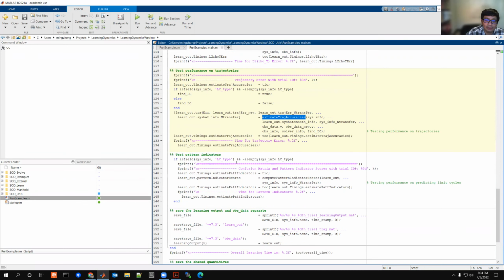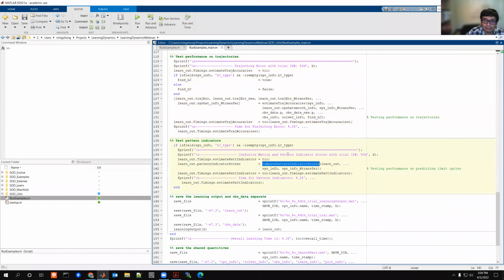For large time behavior, it also computes the so-called pattern indicator. So we have a mathematical way to tell whether the dynamics at large time is in clustering, flocking, milling, or synchronization. We only have the pattern indicator score for these 4 kinds. Anything beyond that, we still don't have a good pattern indicator score.